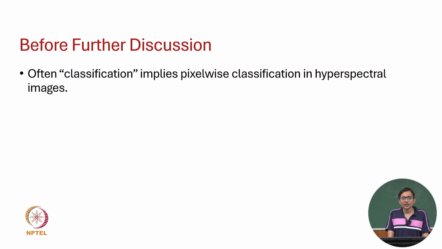Often when we talk about classification in the context of hyperspectral images, this implies pixel-wise classification. That is equivalent to semantic segmentation, as we know already, right? So this is a different naming in a different application. For hyperspectral images, when we say classification, we mean something more similar to semantic segmentation.